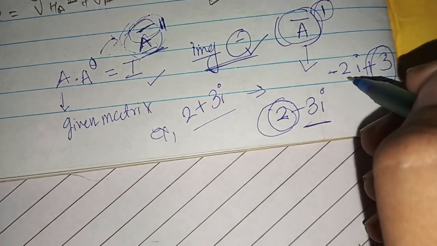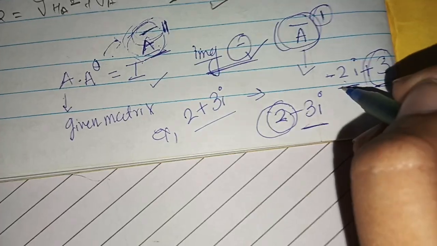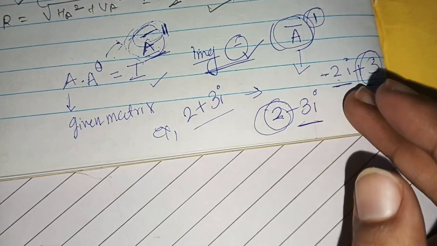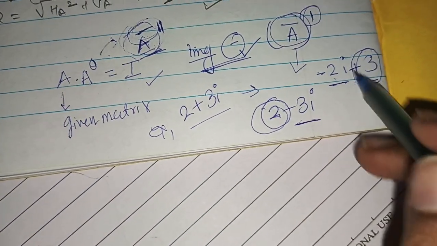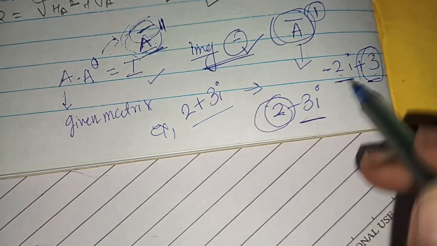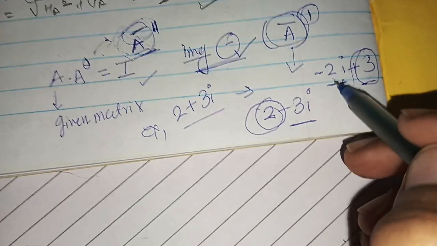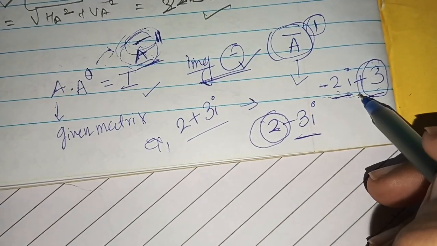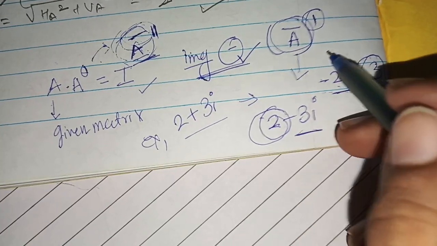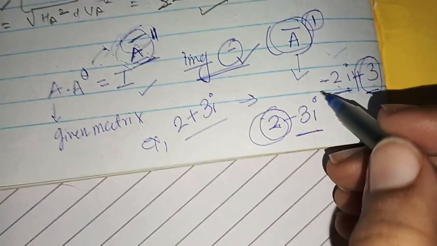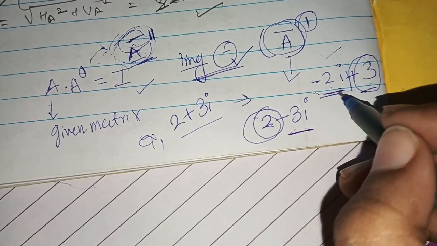No, you have to change the sign of the imaginary number. Here the position can be interchanged, either they have given you the imaginary first or the real first. The number which has i, or iota, is called the imaginary number. So you have to change the sign of this imaginary part.